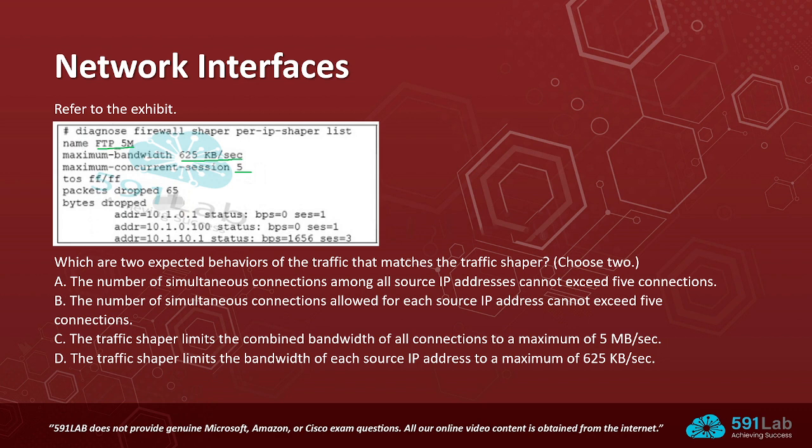This one is wrong because it talks about all the source IP addresses not exceeding 5 connections, and this configuration is about the concurrent sessions for each IP address. So this one is not correct. That is something that is like this because it's a Fortinet concept about shapers.